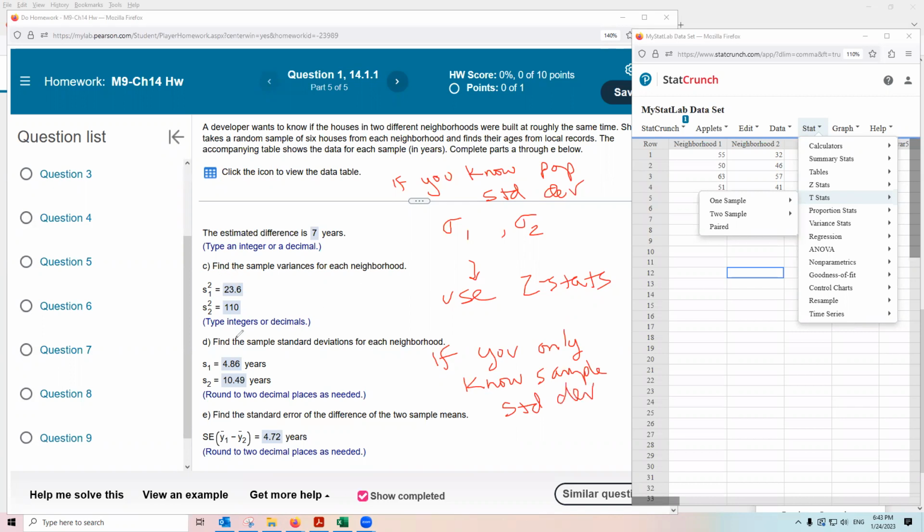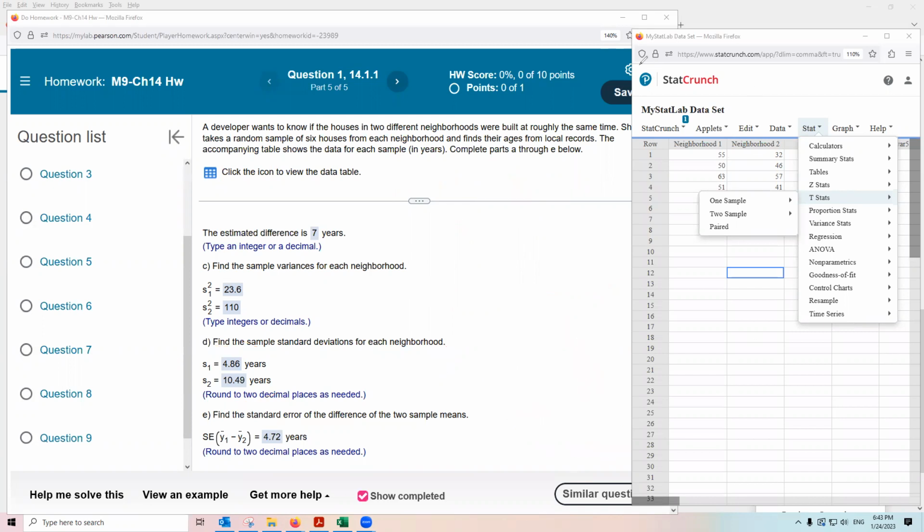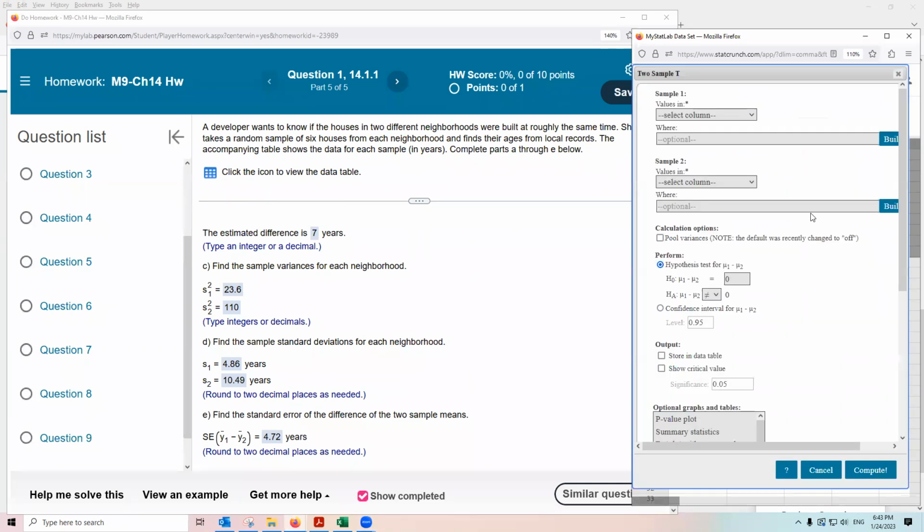And yet we only know the sample standard deviations, right? Here they are, S1, S2. So this is where we use T-stats. All right, so I'm going to go to T-stats, and in our case, it's 2 samples. So I'm going to go to T-stat 2 samples, and we do it again here with data, right? Because we have the raw data. So it says what values are in column 1 here. I'm going to say neighborhood 1.